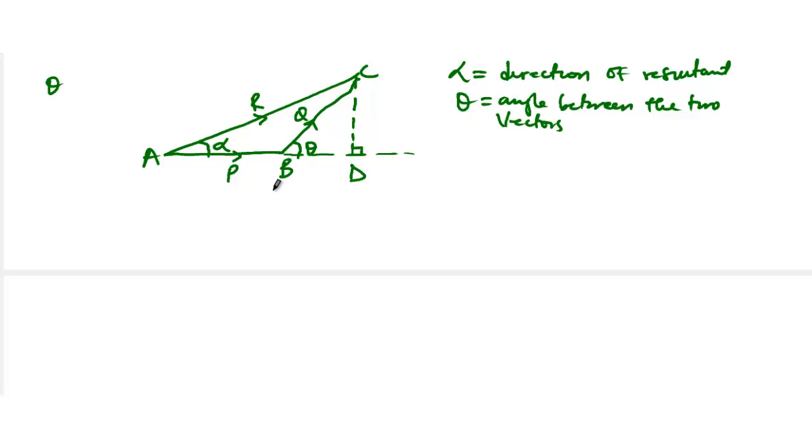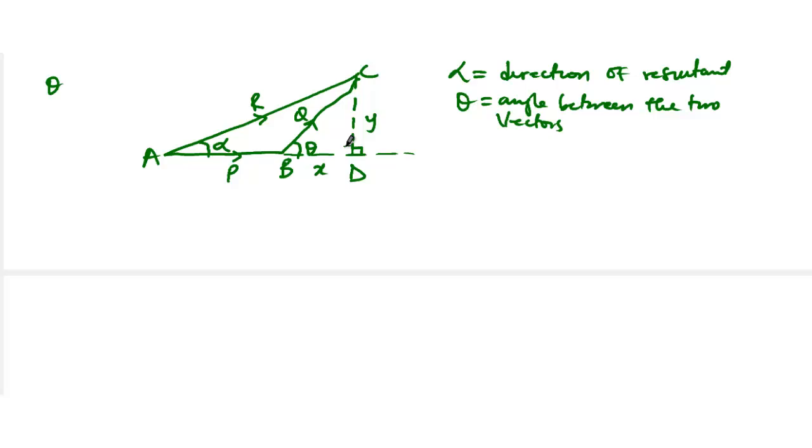For the purpose of illustration, we'll say let BD be x, so we put x here, and let CD be equal to y. Once we know those values, we can get our resultant. The resultant represents the hypotenuse of this right triangle ACD.